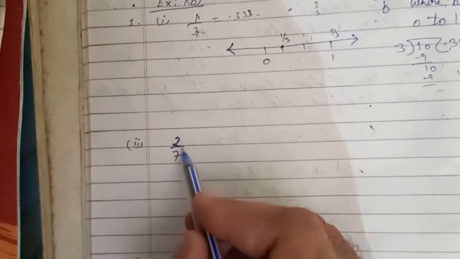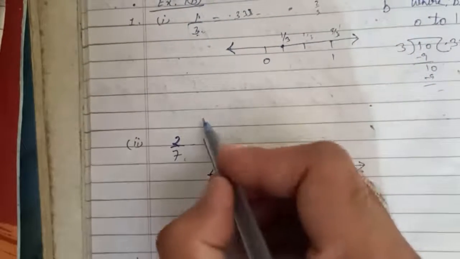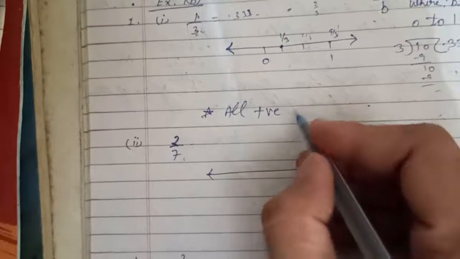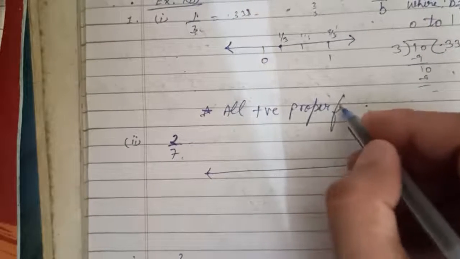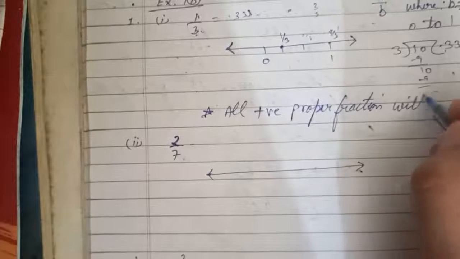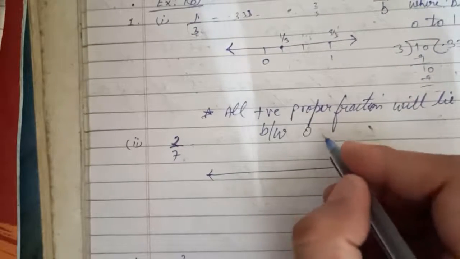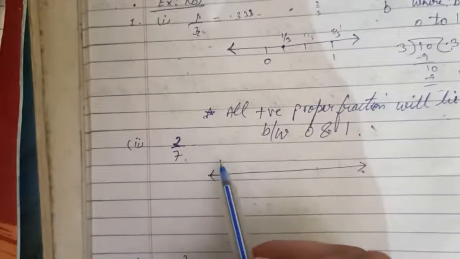Okay, let us do some more. 2 upon 7, what is this? Again a proper fraction. So all the proper fractions' values will lie from 0 to 1. Note this: all positive proper fractions will lie between 0 and 1, and for negative ones it will lie between 0 and -1.